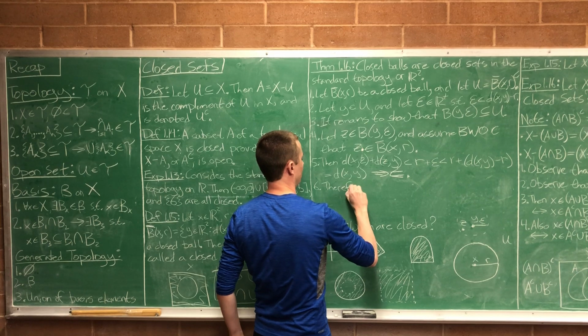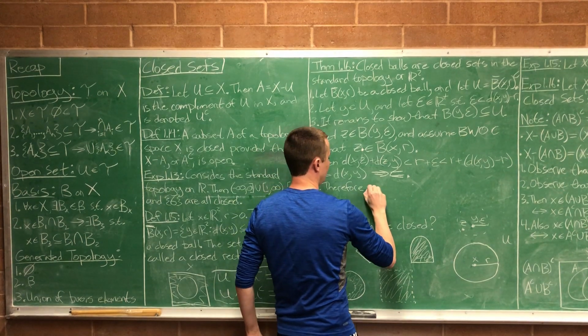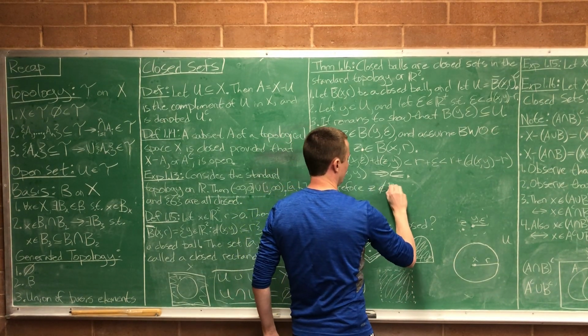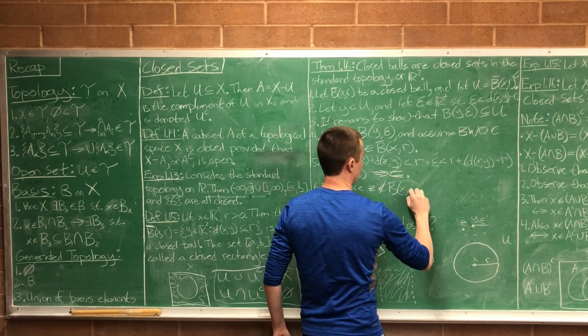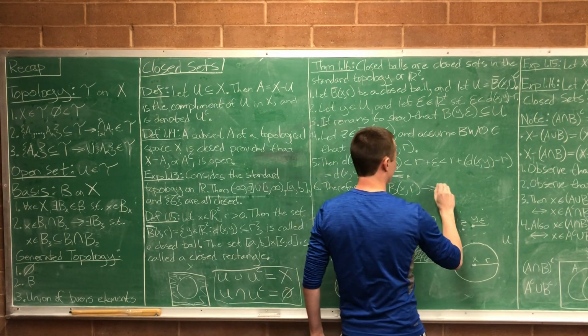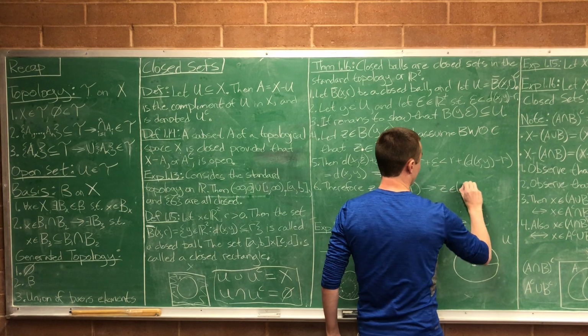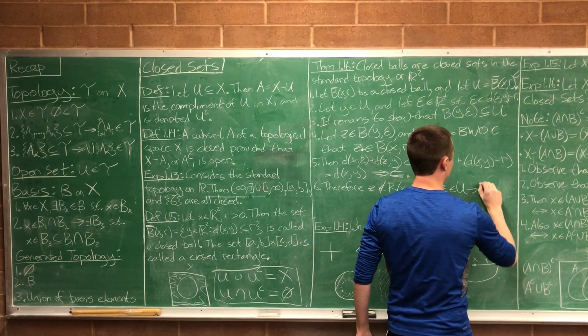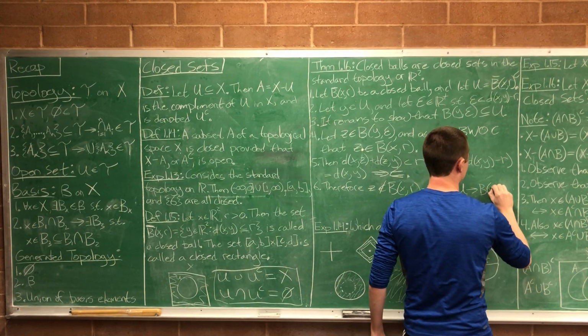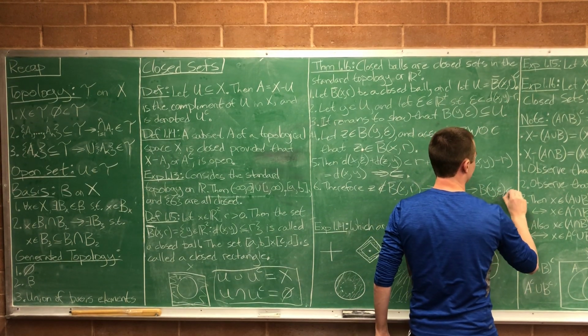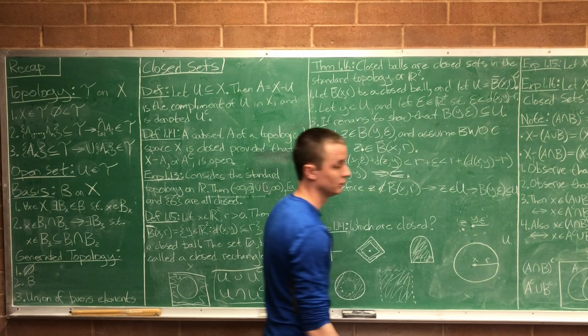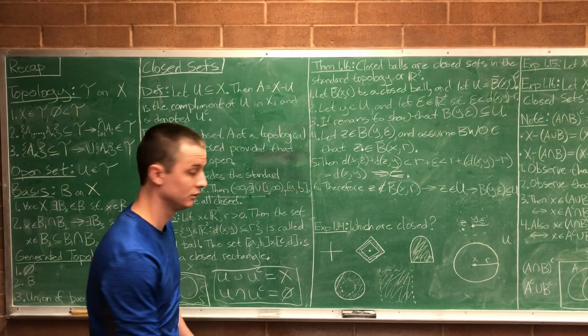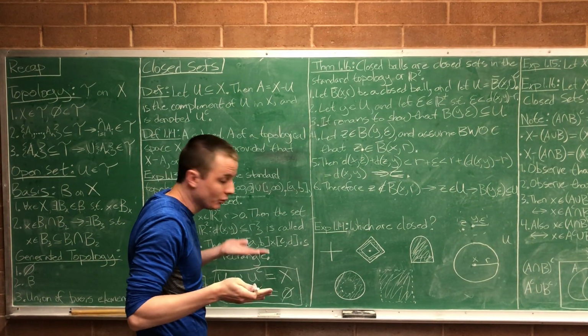Therefore, z is not in the closed ball, which gives that z is in its complement U, which gives that the open ball is a subset of U, right? And then we can do this for every point y in U.